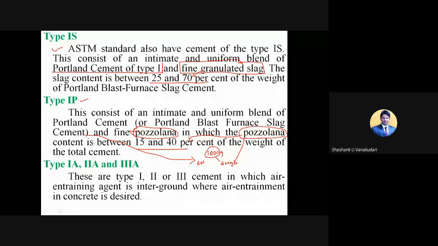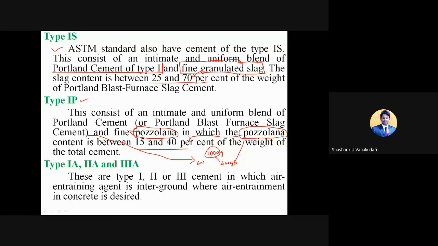Now, type 1A, 2A, and then 3A. These are the type 1, 2, 3 cements in which air entraining agent is interground, where air entrained concrete is desired. The 1A and so on stand for air entraining agents. Air entraining agent means what? Once you add these types of cements, it is going to create certain gaps in between the cement.